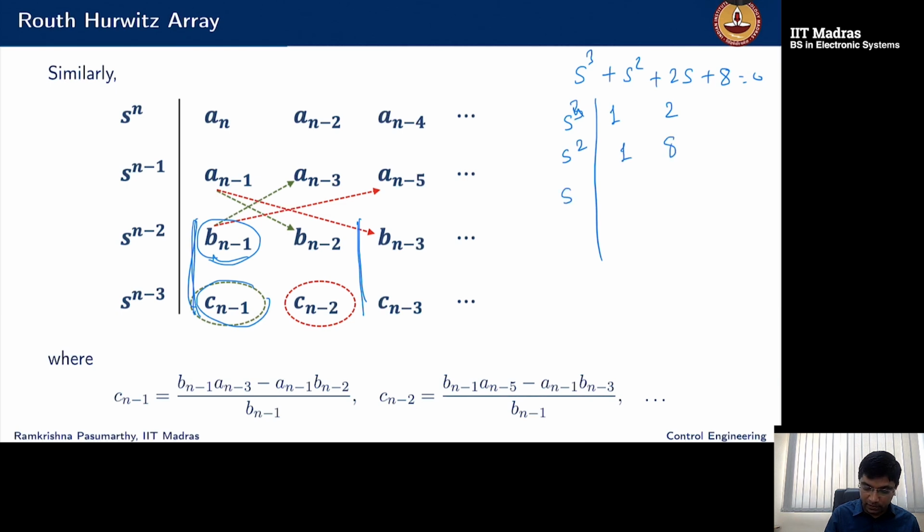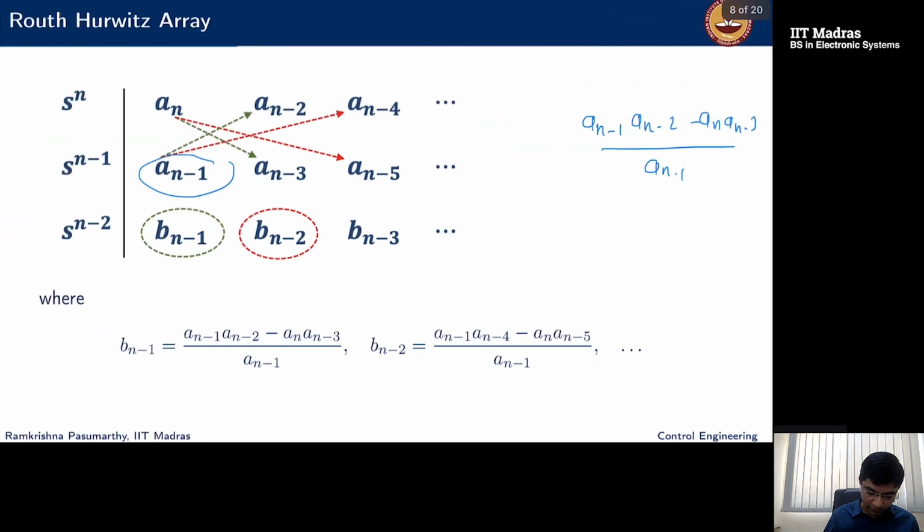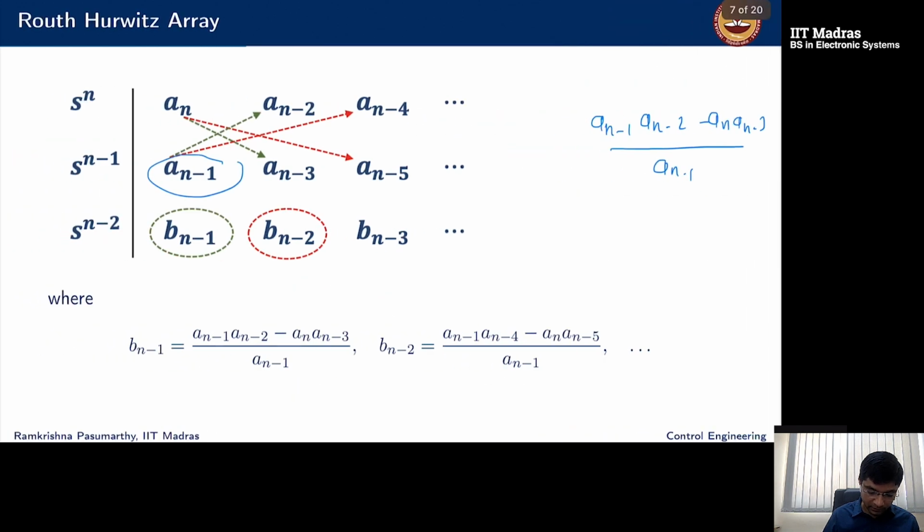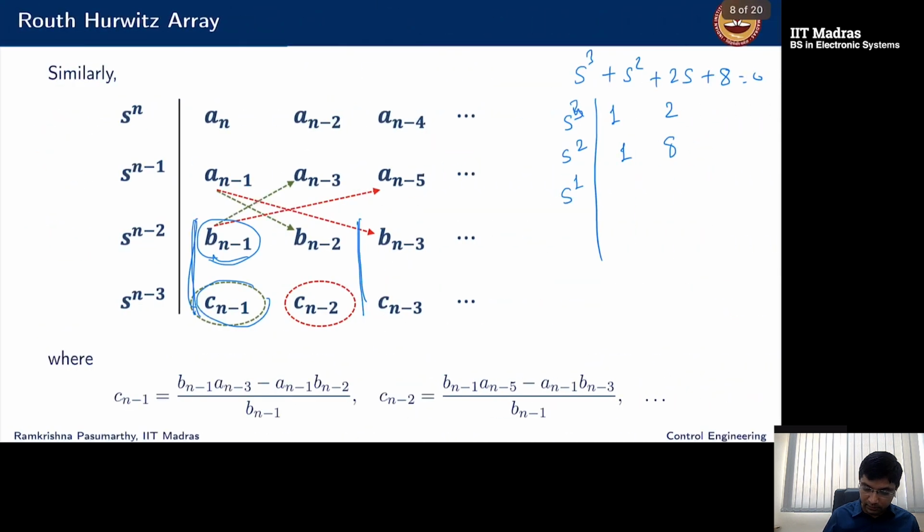So I'm looking at what happens to s to the power 1. So I'm looking at computing this, which will be 8 minus 2 by 1. So this will be 6 here.